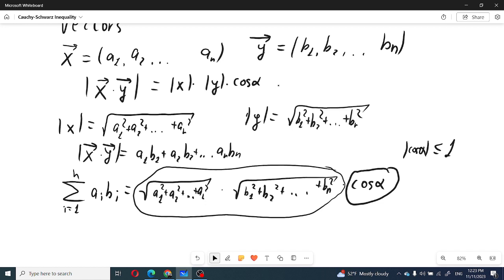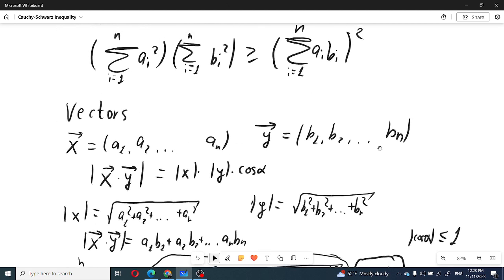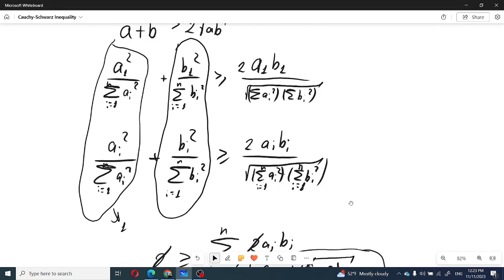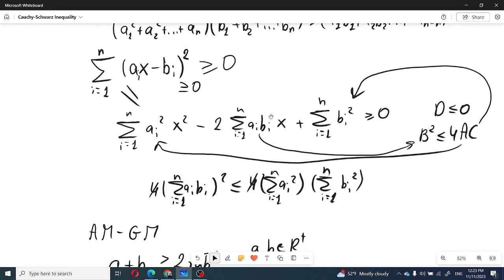And now look at when equality can occur. Then cosine of alpha equals 1, so alpha must be 0. So they must be in the same direction. If the first one is x, then y must also be in the same direction. We can see that this must follow from the first proof also. When is this function equal to 0?